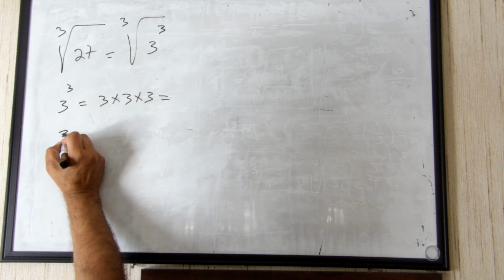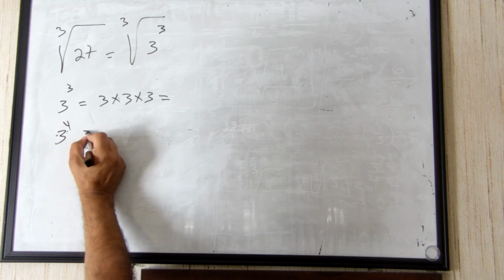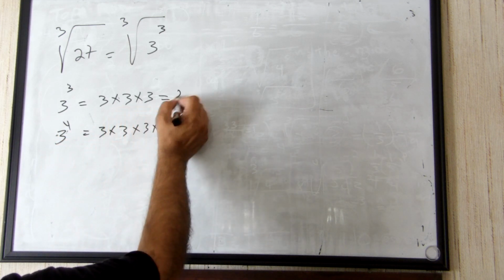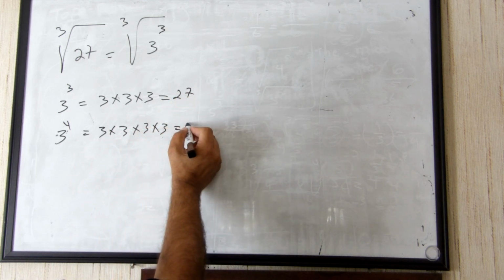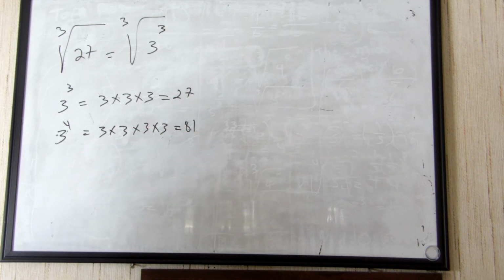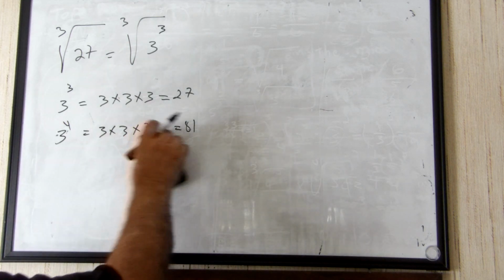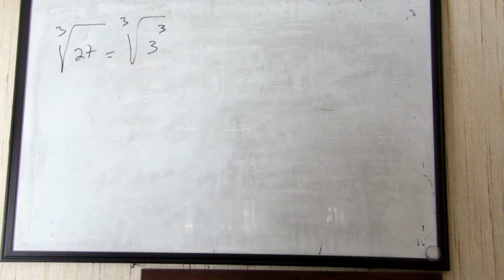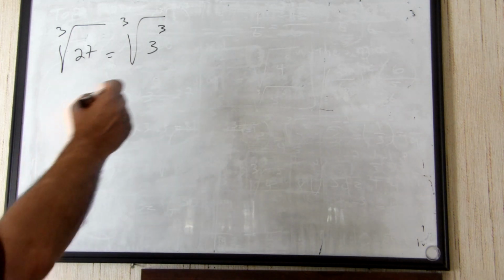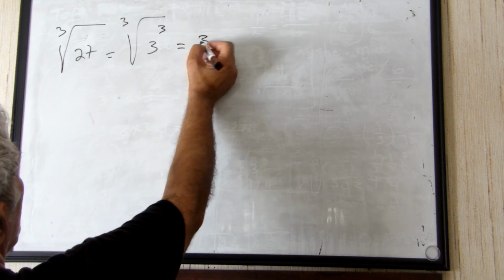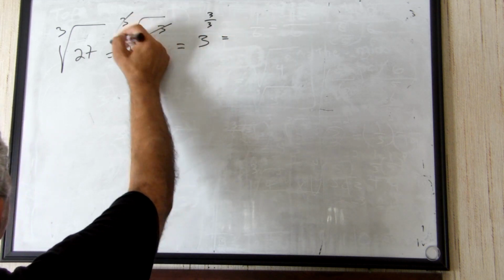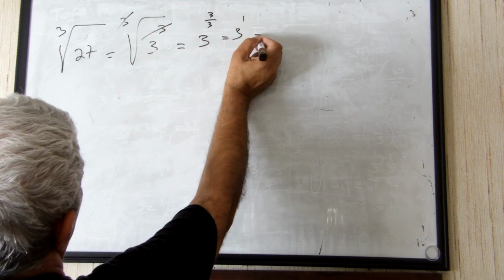So 3 to the power of 4, we can write 3 times 3 times 3 times 3. 3 times 3, 27. 27 times 3 is 81. So when we have something like this, you write it in exponent form, 3 over 3 cancels out, and it's going to be 3 to the power of 1, which is 3.